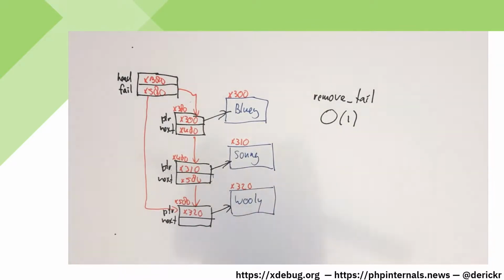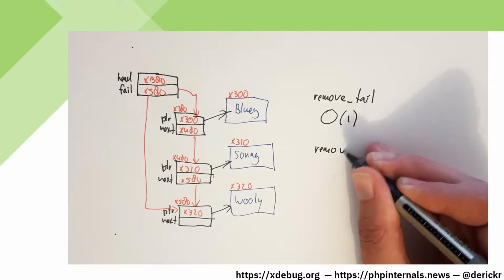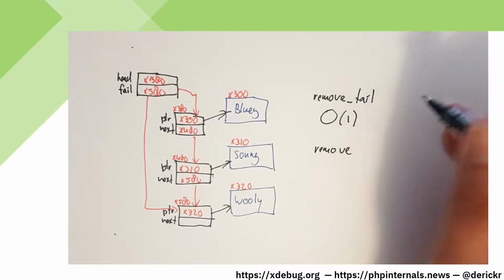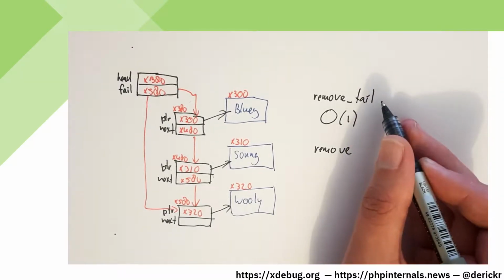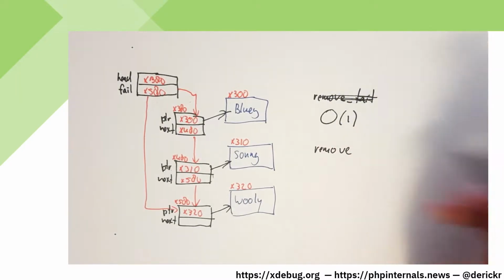And then if it depends on how many elements there are in the list, which we have for, so I did this the wrong way around, didn't I? It was remove head. Okay, let me redraw this bit.